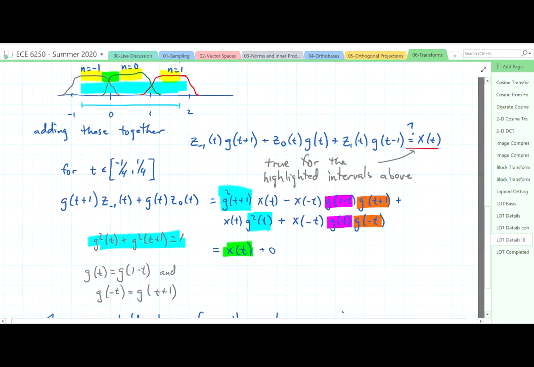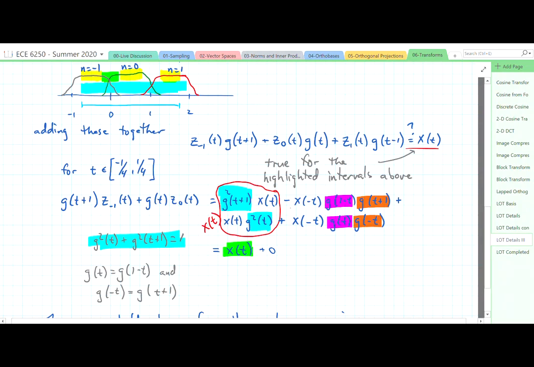And so our two blue ones are both multiplying x of t. When we sum that up, the sum of the windows squared is equal to 1. So that gives us just x of t. These two terms right here, x of t.